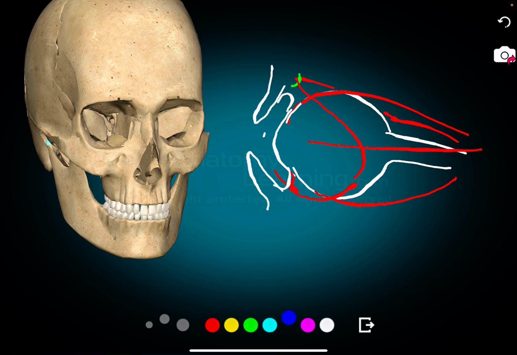Then you have these beautiful eyelashes, and you have methods of closing the eyelid, orbicularis oculi, and opening the eye, the levator palpebrae superioris. So you have this beautiful mechanism, and of course you have the third.